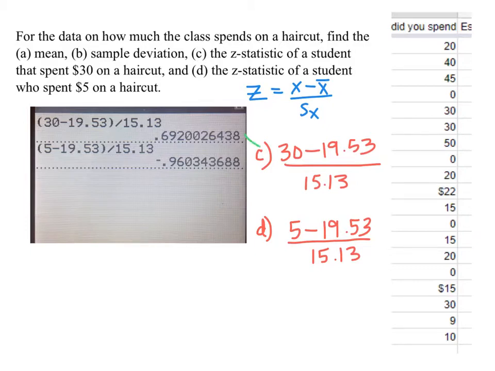Remember, the meaning of the z-statistic is really how many deviations away from the average you are. So this first one is 0.692 standard deviations above average, and the second value is 0.96 deviations below average.